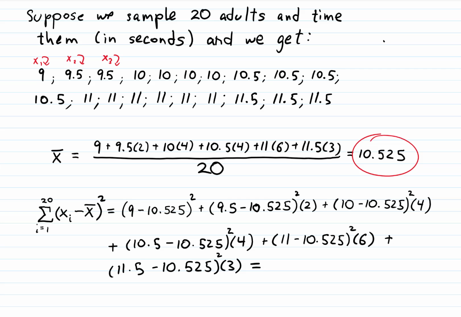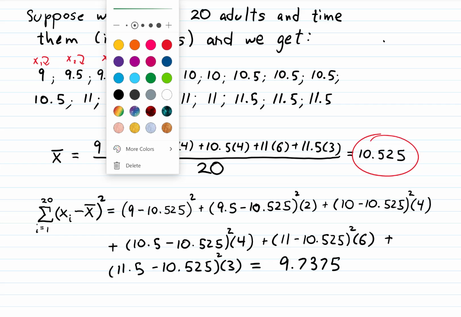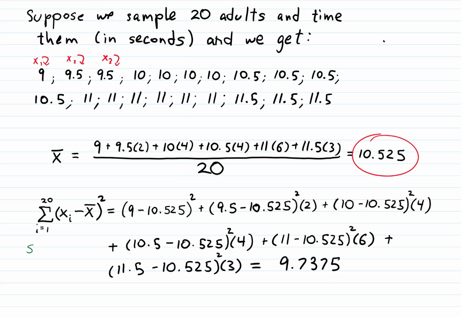Okay, now if I calculate this, let's see what I get. Okay, that gives us 9.7375. Okay, so this is called the sum of the squared deviations.